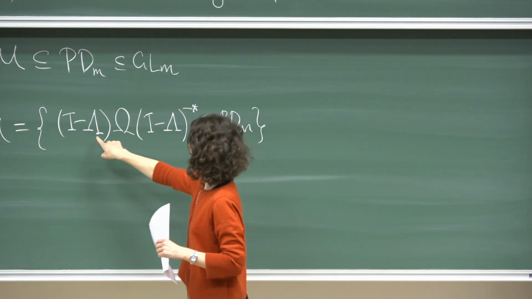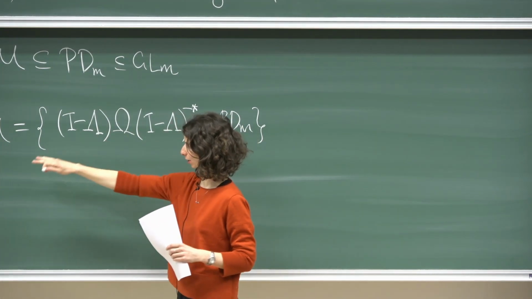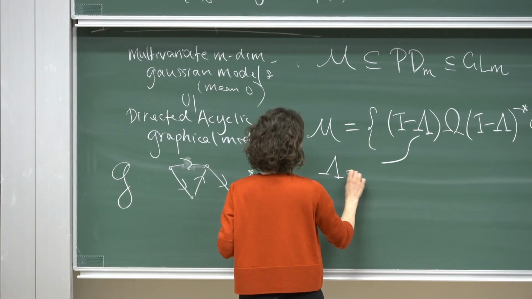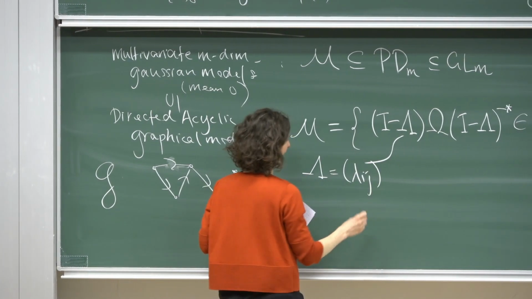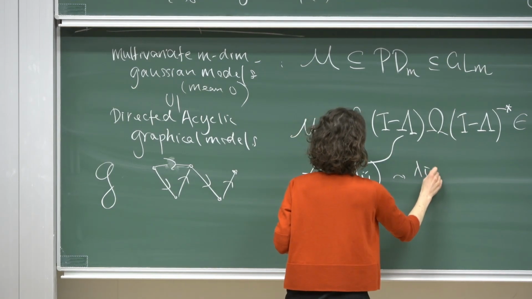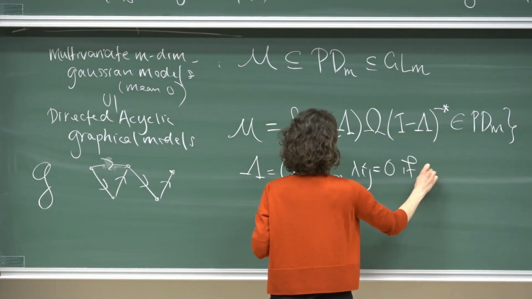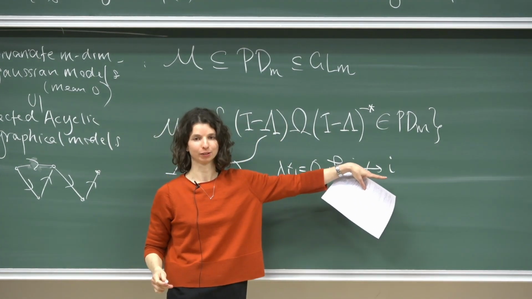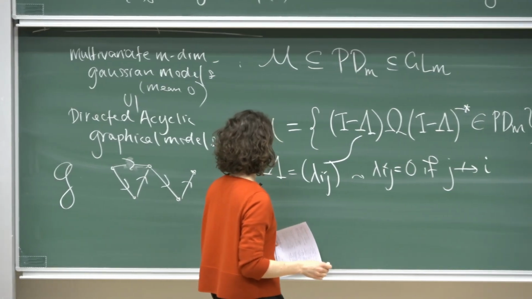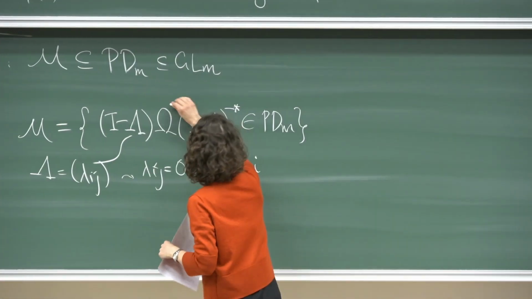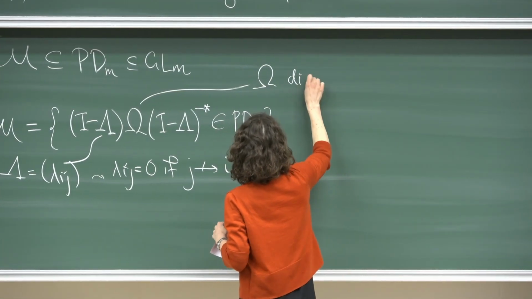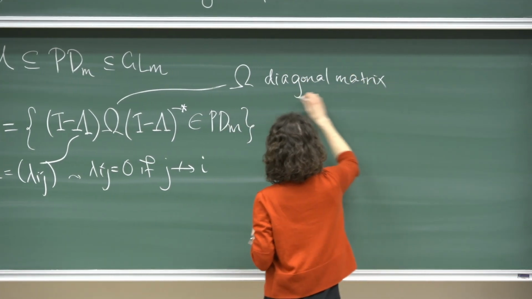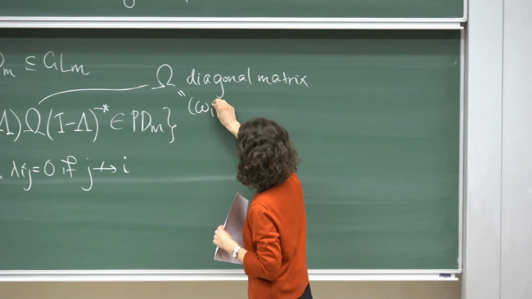So these matrices have restrictions that are determined by G. So lambda is an m by m matrix, with the property that lambda ij is equal to 0 if there is no arrow from j to i, so if j is not a parent vertex of i. And omega is a diagonal matrix, so let's just write the diagonal entries omega i.